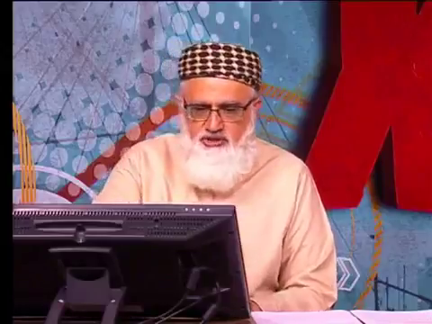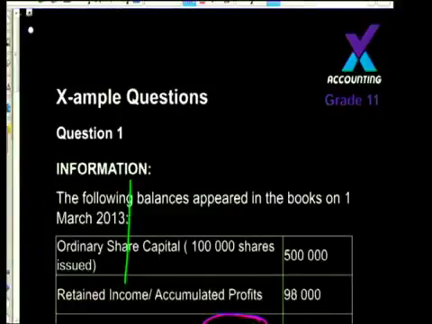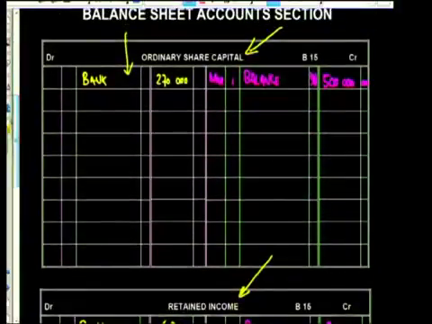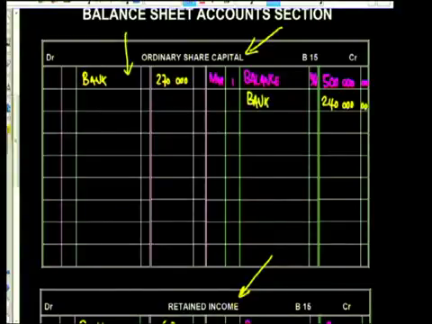There's a 40,000 for 240,000. Therefore, in my ordinary share capital, 240,000 was the additional shares that I sold. Obviously, the contra entry is a debit to bank and a credit to my ordinary share capital account.